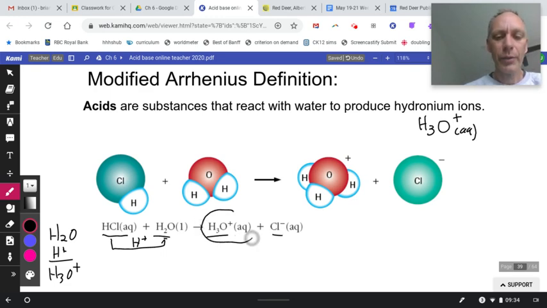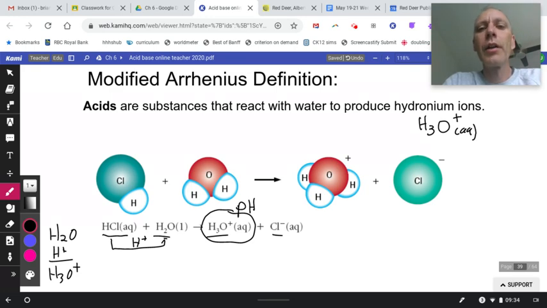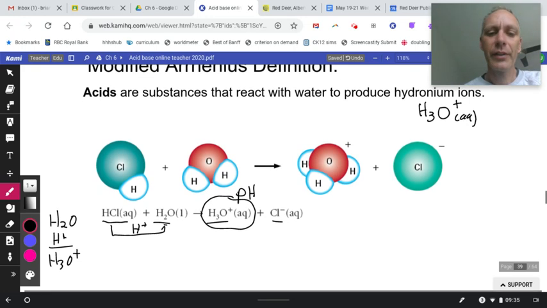So this is where we get pH from, right? When we do our calculations, the higher the concentration of hydronium, the more acidic, the lower the pH. Remember, it's that inverse relationship. As hydronium ion concentration goes up, your pH goes down, more acidic. So this is a classic example. And as a little side note, hydrochloric acid is a strong acid.